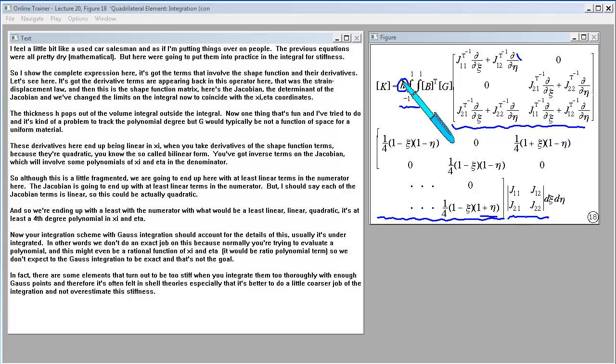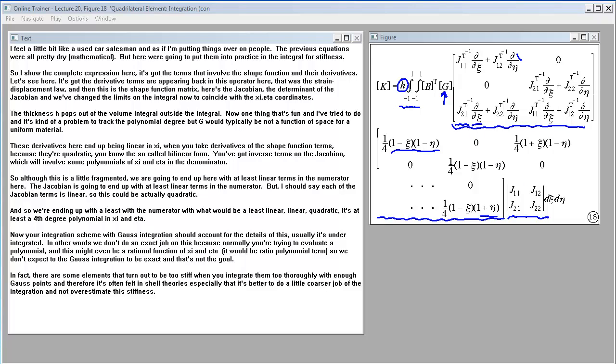Now, one thing that's fun, and it's kind of a problem to track, is the polynomial degree, but G would typically not be a function of space for a uniform material. These derivatives here end up being linear in xi when you take derivatives of the shape function terms because they're quadratic, this so-called bilinear form. You've got inverse terms on the Jacobian, which will involve some polynomials of xi and eta in the denominator.